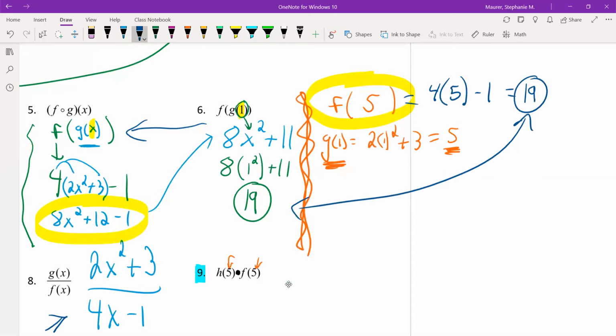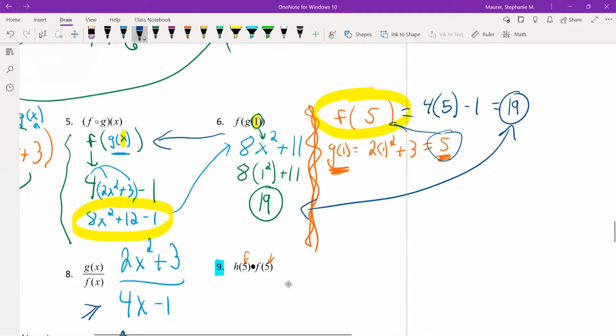So you can either plug the 1 in at the very end, do all of the work, simplify it down, and then plug 1 in at the end. Or you can plug 1 in at the beginning. But if you plug 1 in at the beginning, make sure that you take that new number that you get, and that's what you're going to be plugging in for the f, not 1. Sometimes people try to plug in 1 for both of those. It should not get plugged in for both.